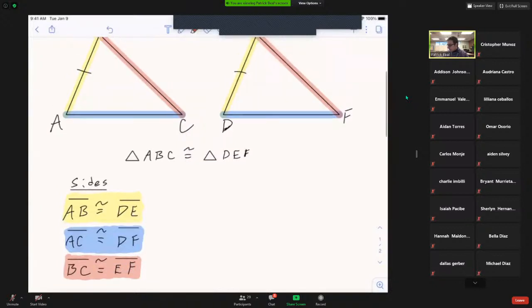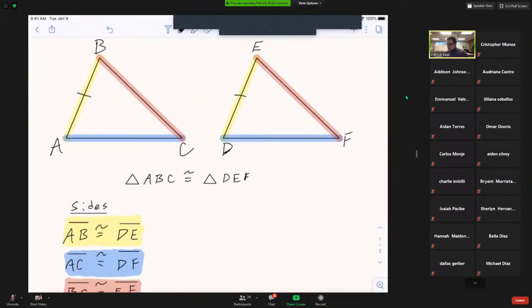Oh, by the way, when we do those lines, you see how on the yellow sides I put one line. On the blue sides, I can't put one line because it's a different length, it's a different side. So I'm going to put two lines on the blue sides to show that they're congruent.